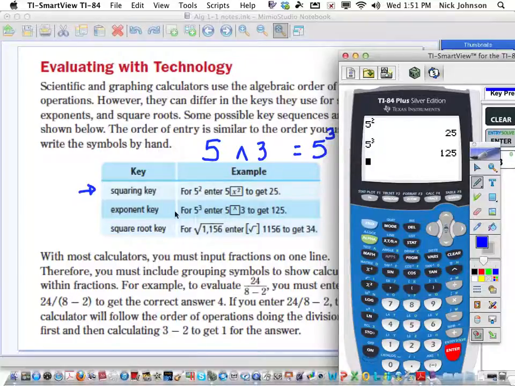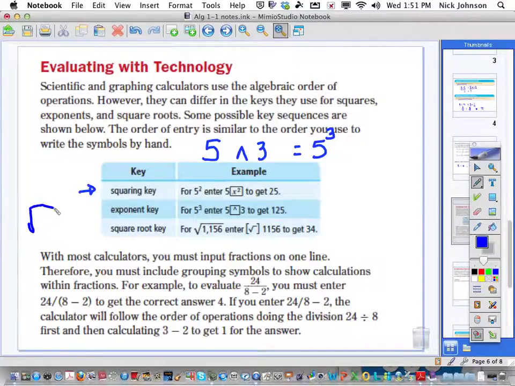On your calculator, when you hit second function, the squaring key, the square root is going to show up, and then it's going to give you a parenthesis with it. Don't worry about that parenthesis, just type in this number, 1,156, and then close your parentheses, and then go ahead and hit enter.